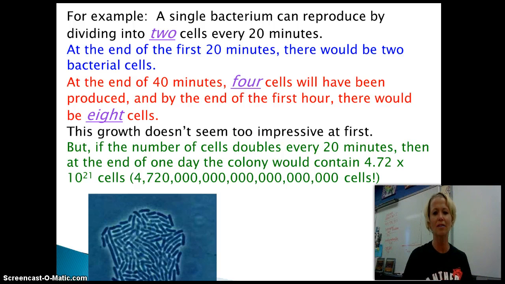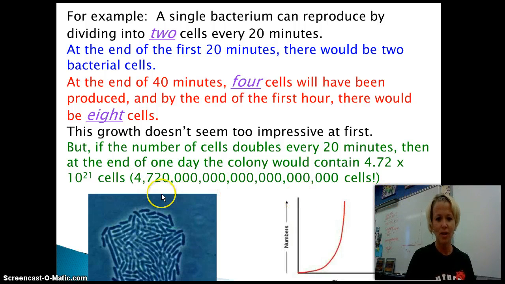If the number of cells doubles every 20 minutes, at the end of 1 day, this is how many cells you would have. That's how many bacteria you'd have. That is crazy. So we started out kind of growing at a normal rate. Then all of a sudden it just starts to take off, and it goes straight up. And we call that exponential growth.